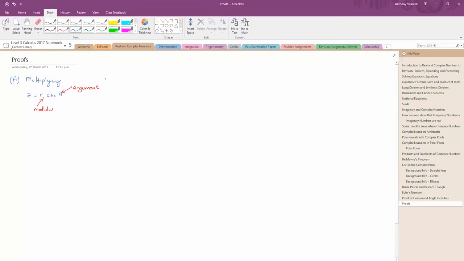An example of that would be something like Z is equal to 2 cis pi over 4, where this angle at the moment is in radians.